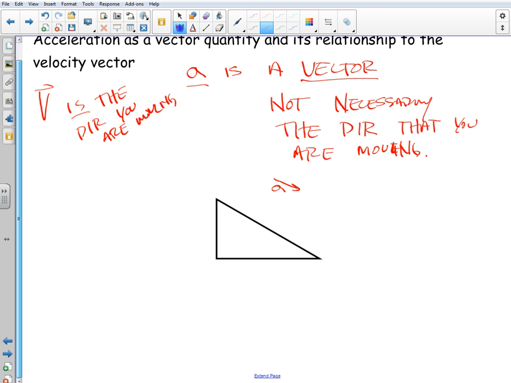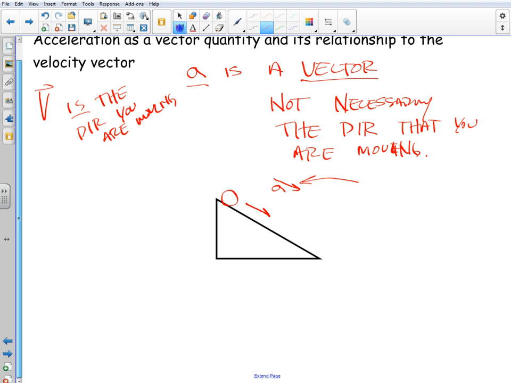But notice, I don't need an object on the ramp to know that. One of the properties of the ramp is that acceleration. But that doesn't mean an object's necessarily going to be going in that direction. You give it enough time, it might. But let's do the simplest case. If I put a ball on that ramp and I let it go, what will it do? Before you even took physics, you would say it would speed up, right? Going down the ramp, it would speed up.